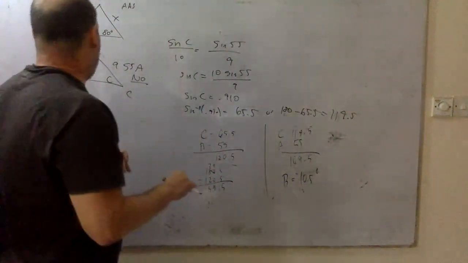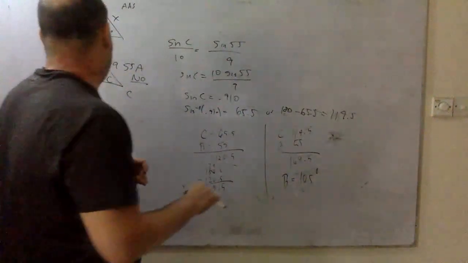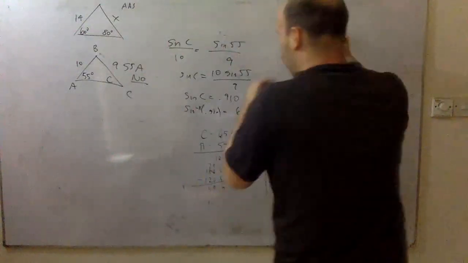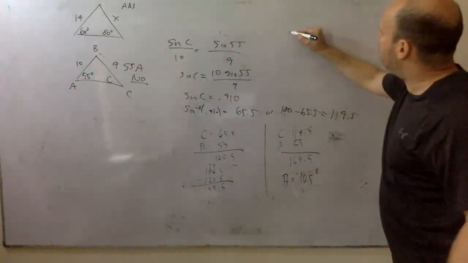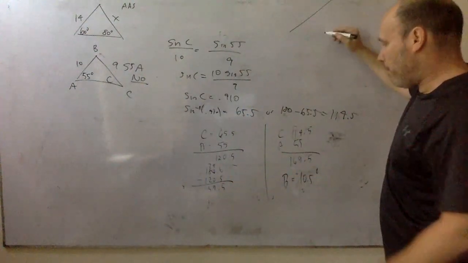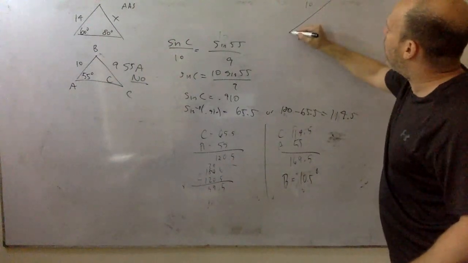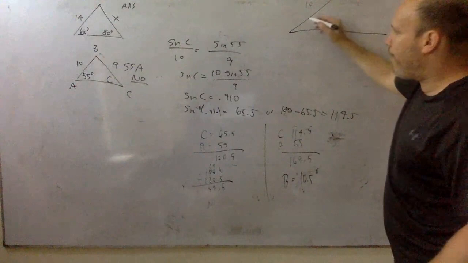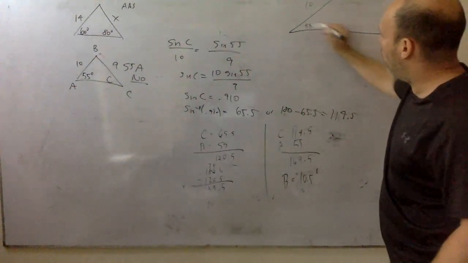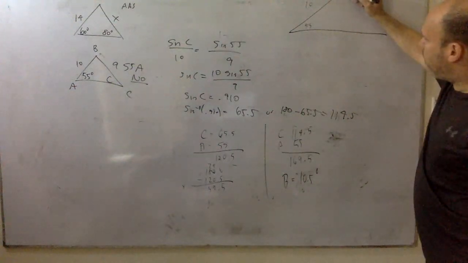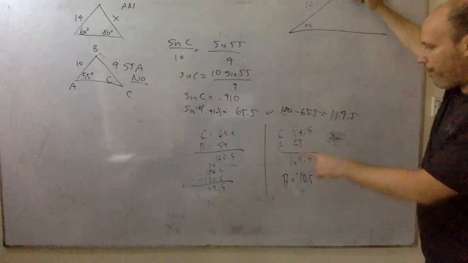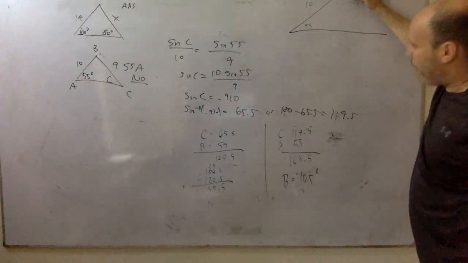And it looks something like this. I guess my picture's not a good picture. I see what's going on. So this is 55, and this is 9.